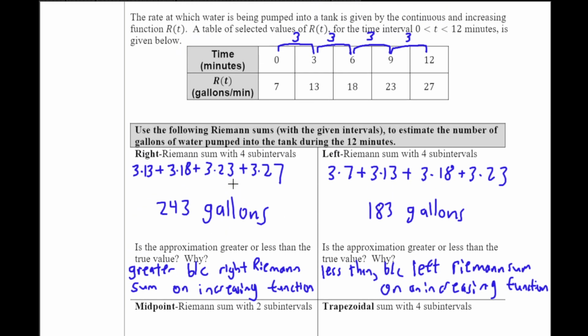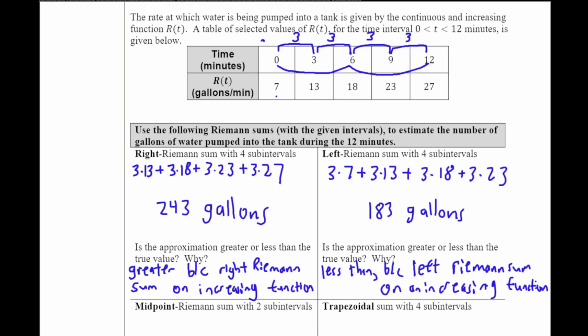So this next one here, midpoint Riemann sum with 2 subintervals. So notice in this case it's 2 subintervals. So we have 0 to 6. Draw this down here. 0 to 6 and 6 to 12. And this is only for this problem, the midpoint. It's 2 rectangles now.